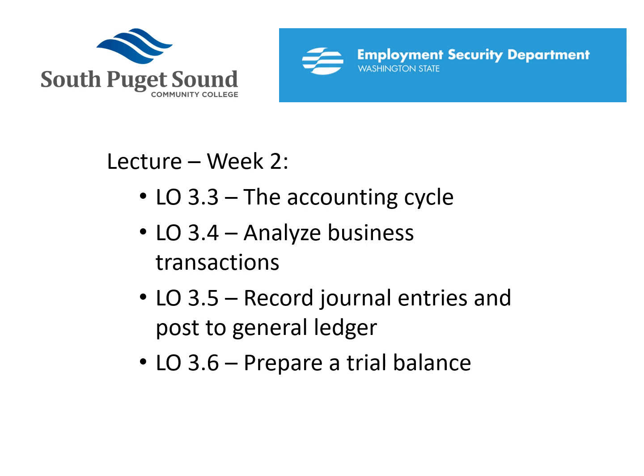We'll cover specifically this week the first 4 steps of that cycle, which include analyzing business transactions, recording journal entries, posting those journal entries to the general ledger, and finally preparing a trial balance, in this case an unadjusted trial balance, so it doesn't contain some of the adjustments that we'll cover next week. I'll stop at several points and ask you to work on portions of the in-class practice, which you will also find on Canvas.